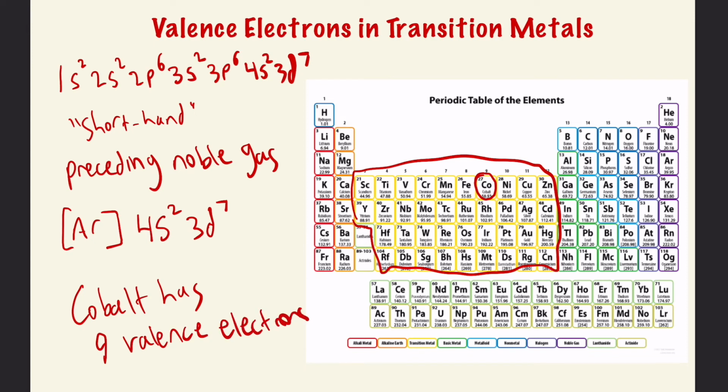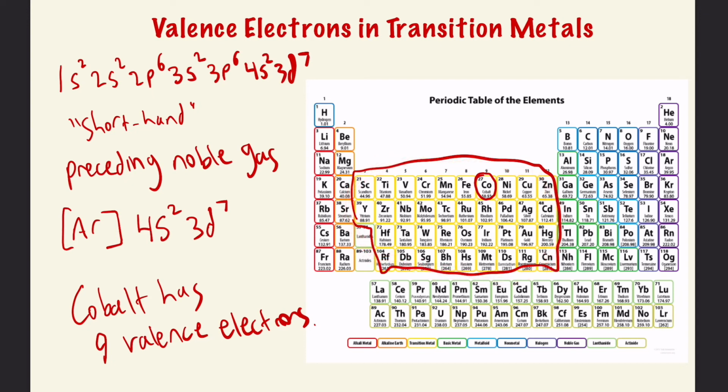Now, if you know how to come up with these electron configurations, I want you to try and figure out the number of valence electrons for a few other elements in the transition metals.